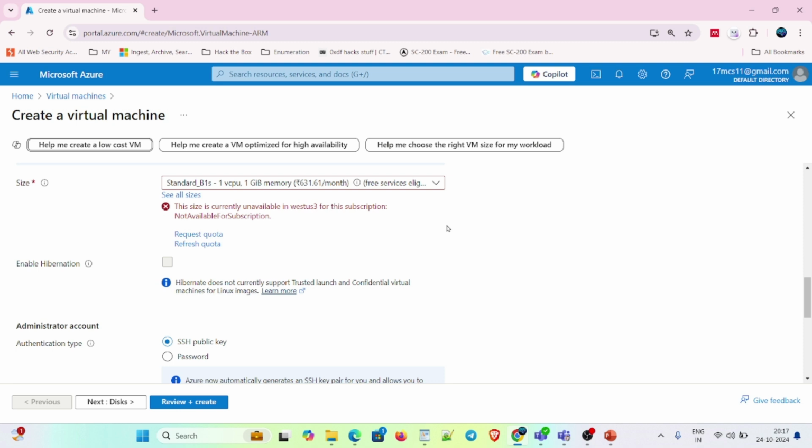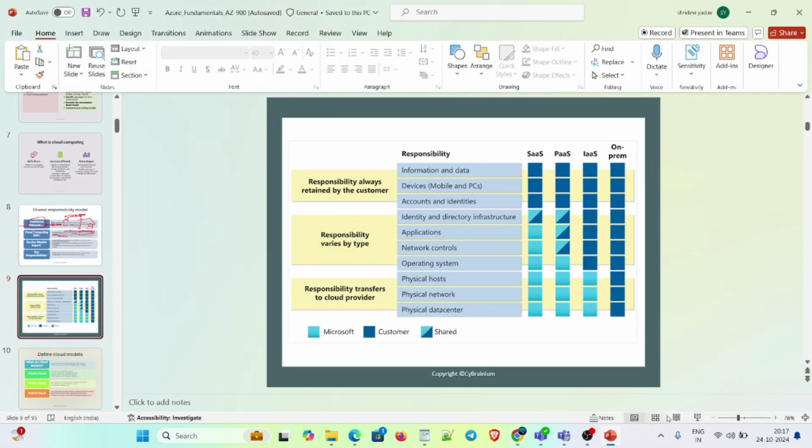My cloud service provider is not going to handle my data security.